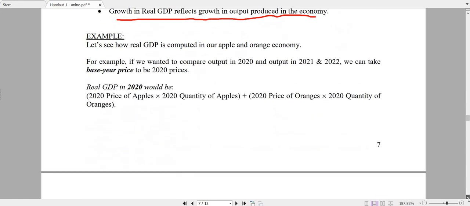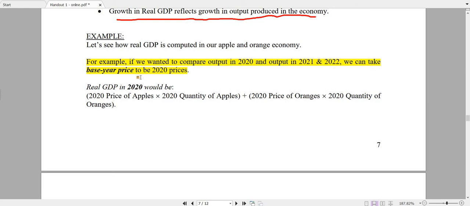There is a small example here which will help you further see the distinction between nominal and real GDP. In this example, we want to compare the output in 2020 and output in 2021 and 2022.